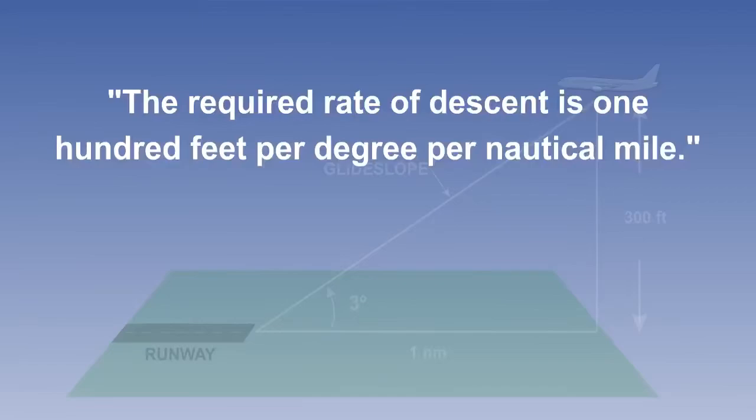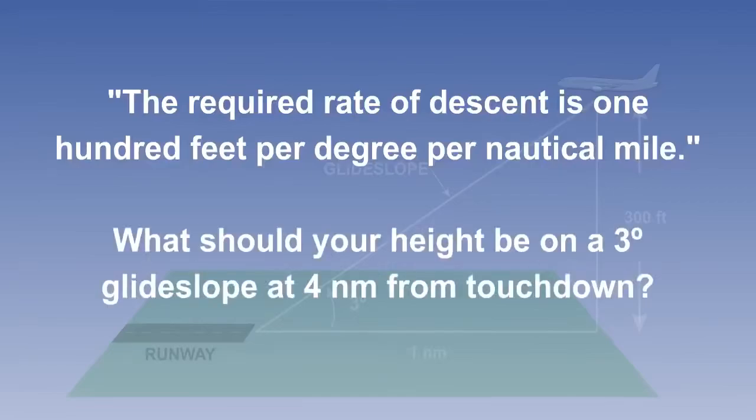Now try some practical examples. What should your height be on a 3-degree glide slope at 4 miles from touchdown? (1,200 feet).